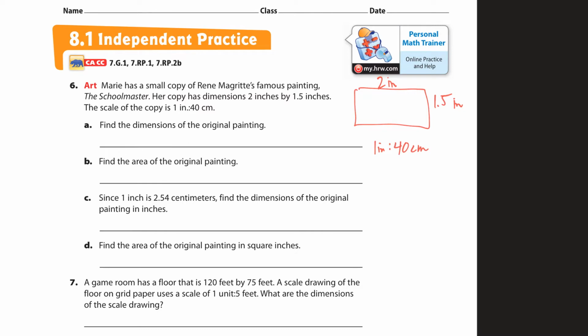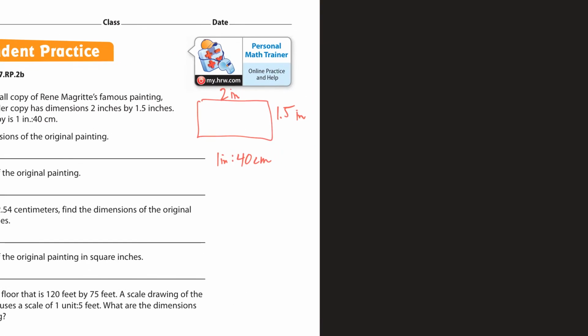So what I would do is I would change each measurement, the 2 inches. So let me rewrite this here. If 1 inch is 40 centimeters, then 2 inches has to be double that, 80 centimeters.